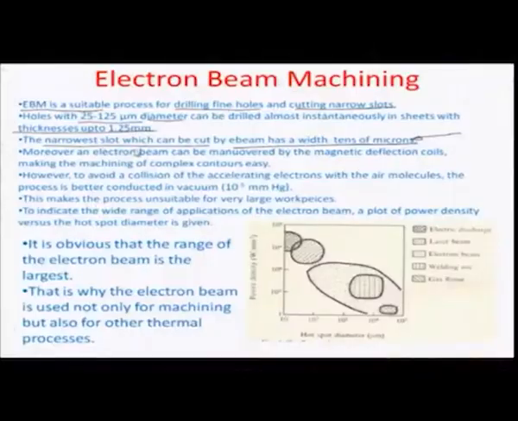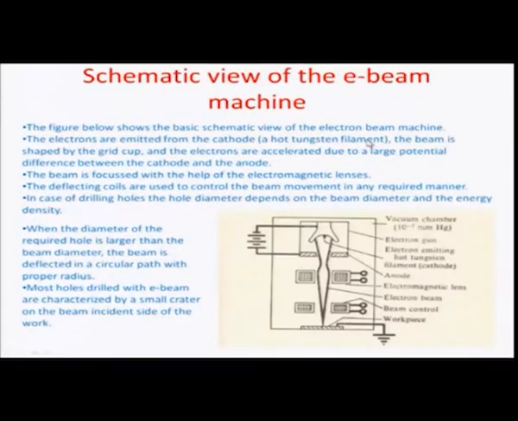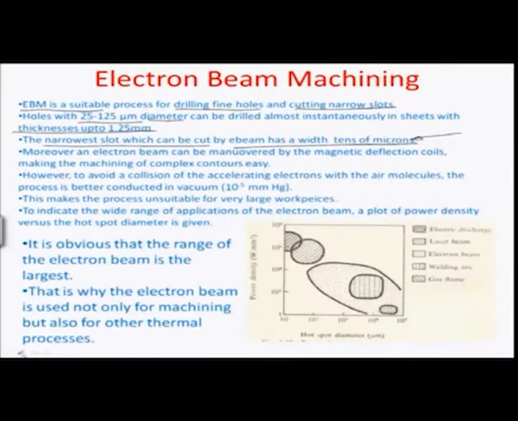So, the narrowest slot which can be cut by E beam has a width of tens of microns, and this I think we have discussed before, and an electron beam can be maneuvered by typically magnetic deflection coils, making the machining of complex contours easy.